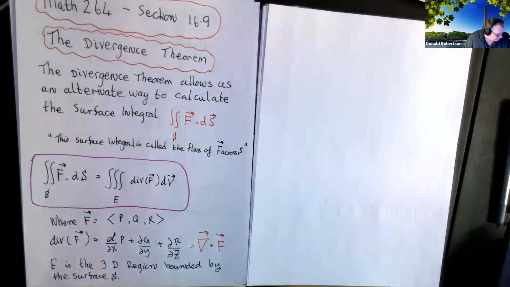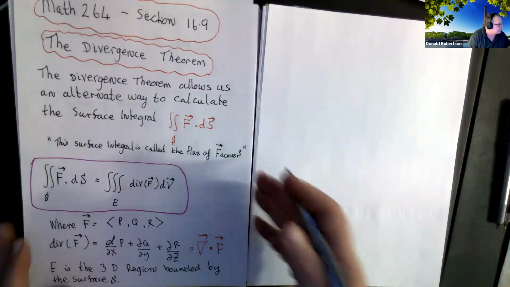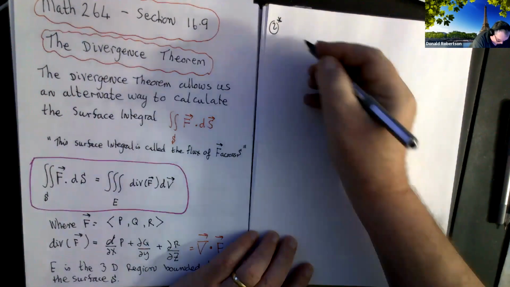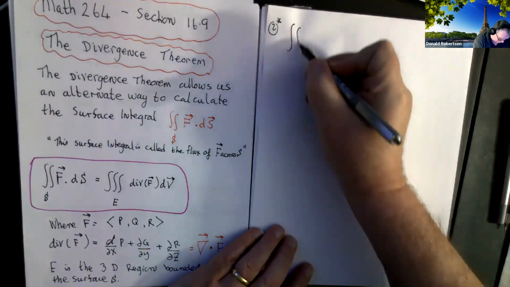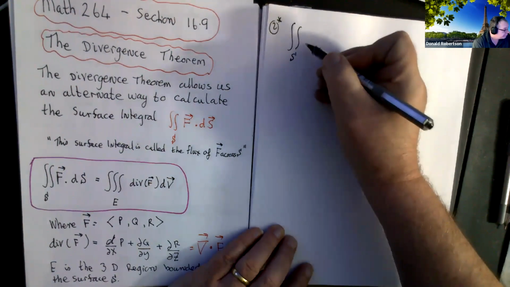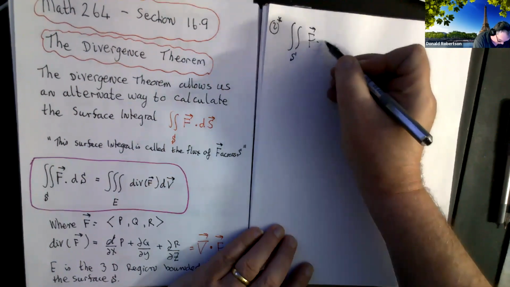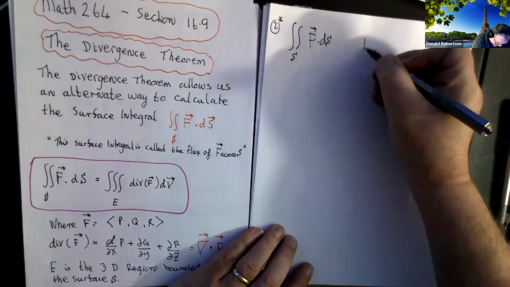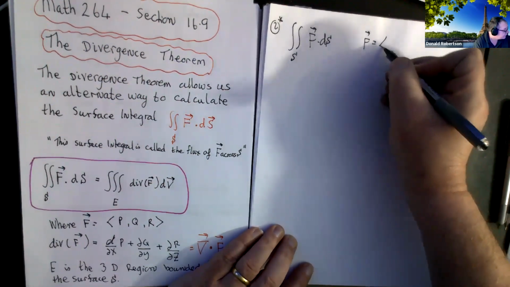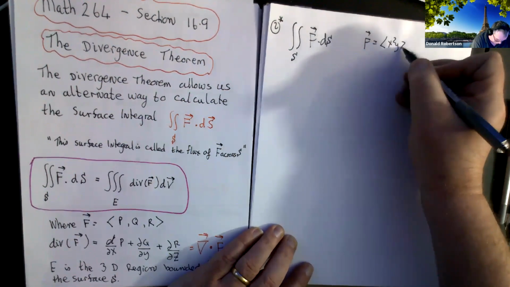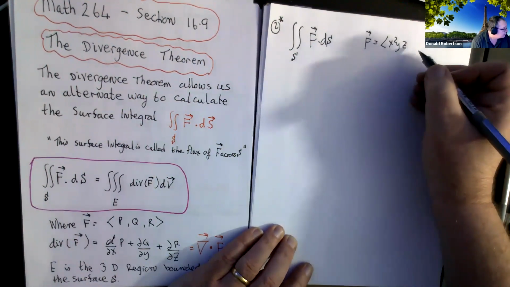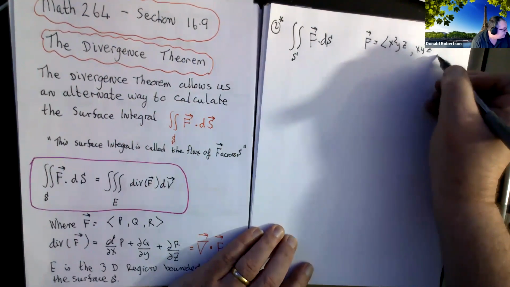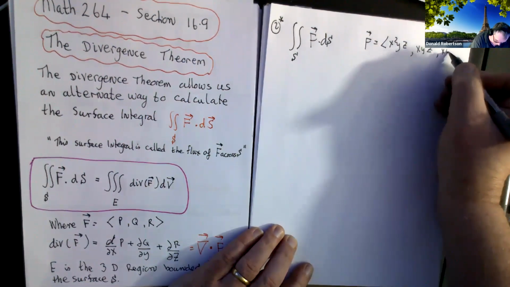Okay. The next one is also a box. Won't do this one quite as far. You've got your usual flux, which is just another name for this surface integral. And the vector field is x squared yz, xy squared z, and then xyz squared.